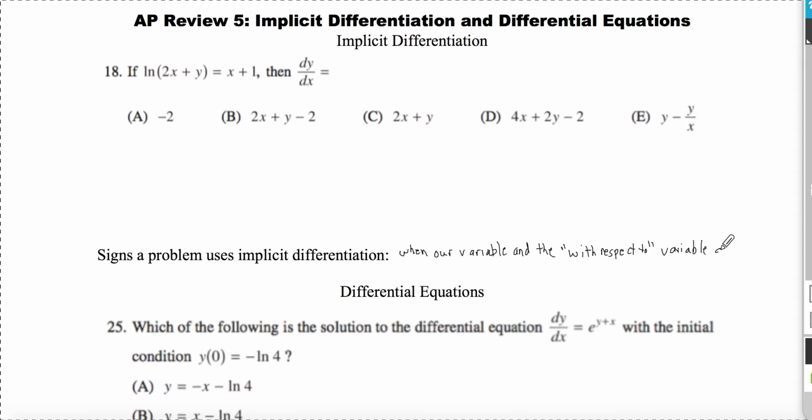In other words, on the same side of the equation. My calculus teacher referred to, with respect to, she would just write out WRT, if you prefer that. Here's what I mean by that.